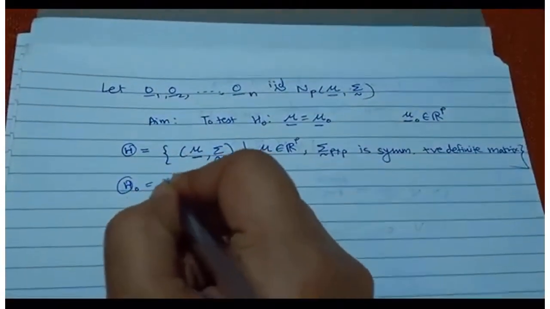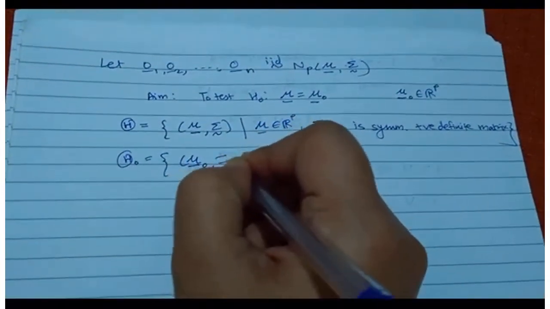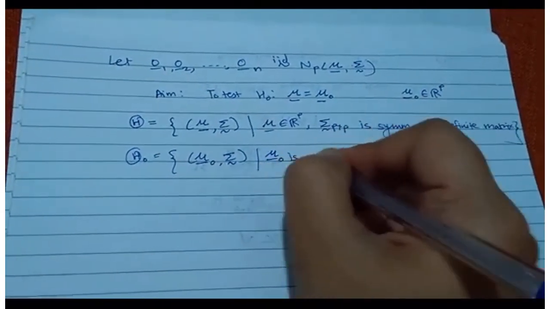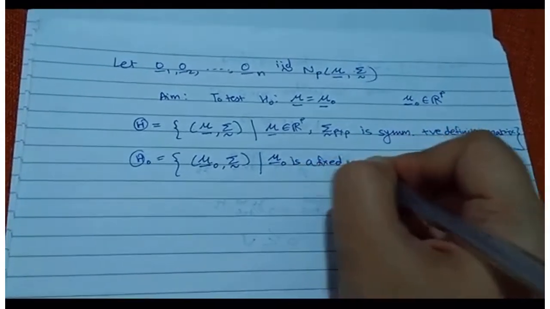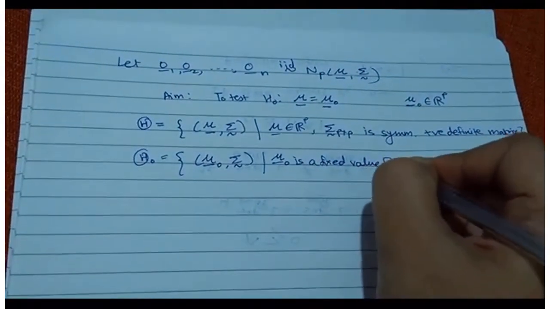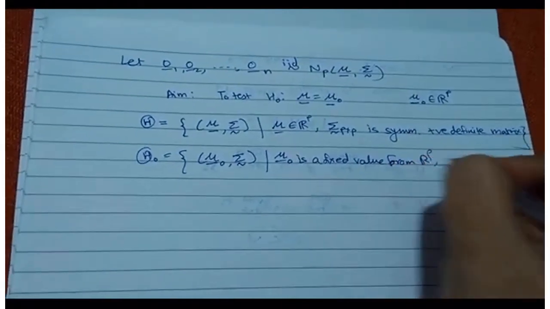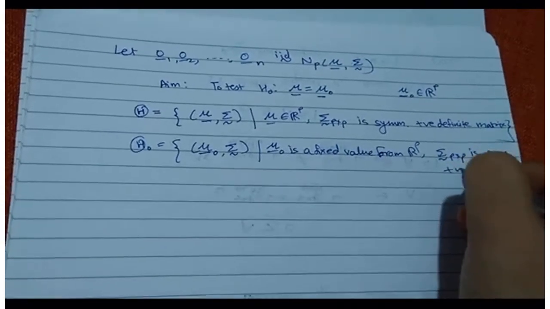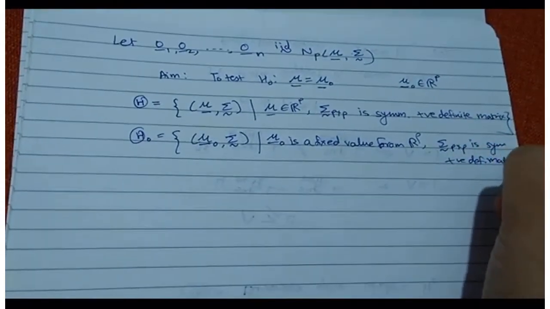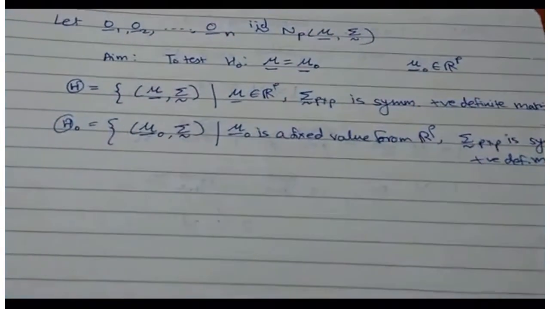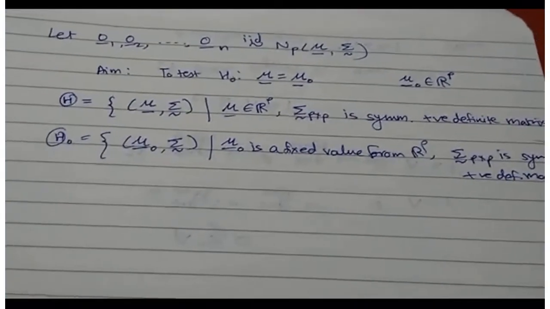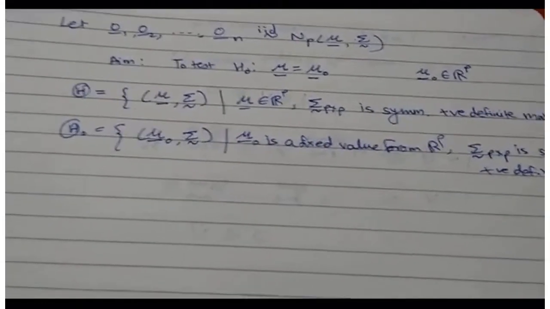Script theta naught is mu naught and sigma, where mu naught is that fixed value from Rp. So there is no scope of change in mu naught, and sigma is the same: P cross P symmetric positive definite. There is no change in sigma. So when we want to maximize the likelihood under both these spaces, first I have to maximize under H naught, that is over script theta naught, and then over the entire parameter space.